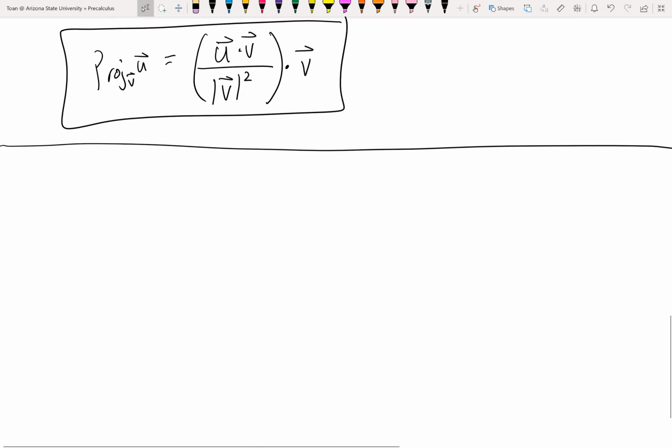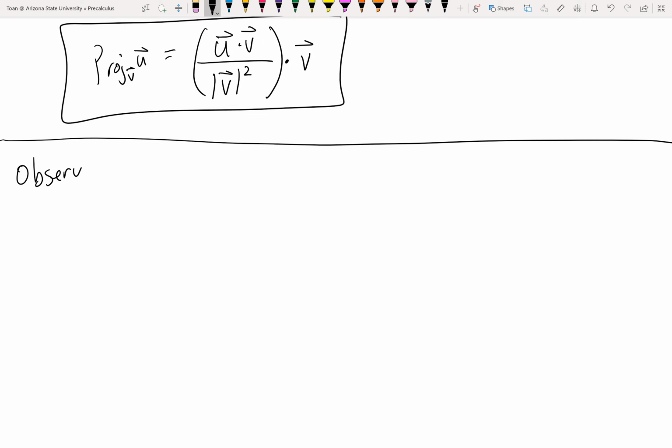One thing to note though, for any two vectors, again, I'm just going to draw our usual picture. Here is the projection of u onto v. The projection of u onto v will always be a horizontal component of vector u with respect to v's direction. What does that mean? That means we should be able to find another vector that's orthogonal to it that adds up to vector u.